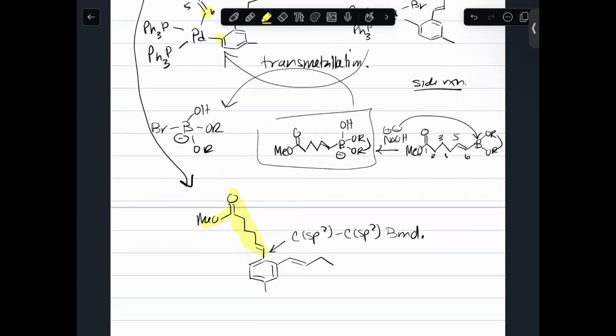Clearly it's an alkene, and I can probably add an alkene to it and get the trans product. So it's an alkene and it's trans.